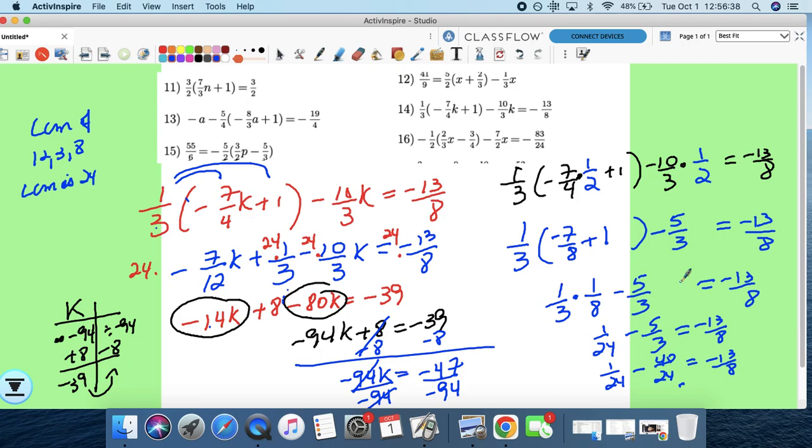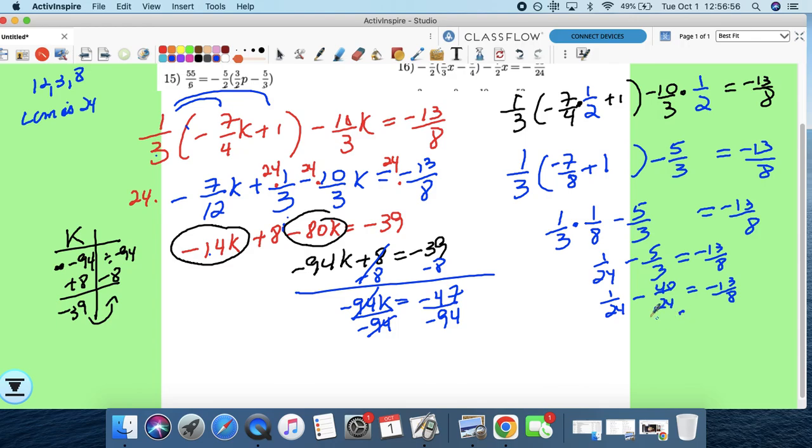Show where I'm going. Negative 39/24. No, actually good, guys. I don't know why I'm doubting myself. Okay, so if I subtract this, I get negative 39/24.